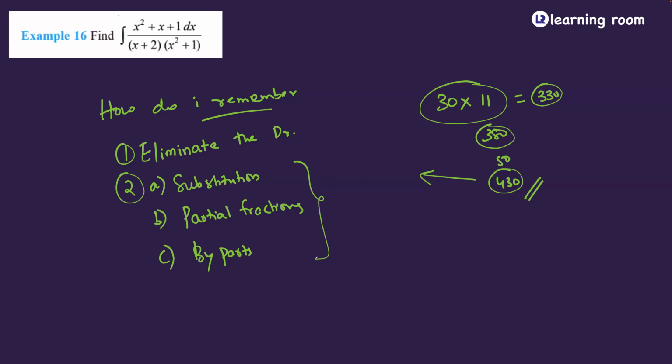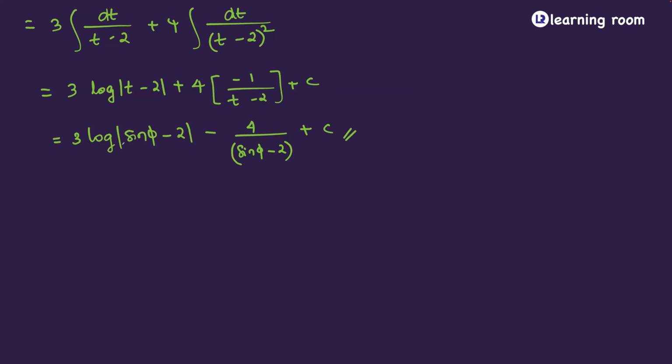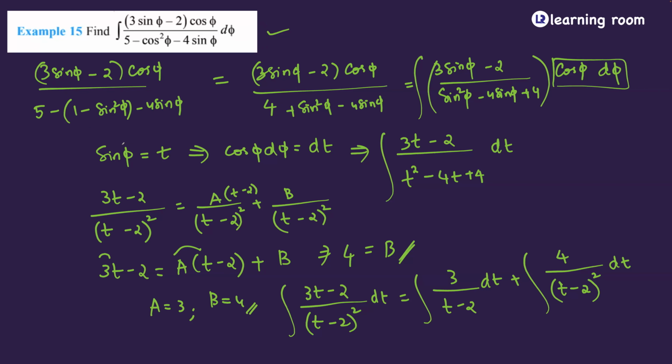But in all these 3 methods also, you have one thing common: eliminating the denominator. You should eliminate the denominator through some means. For example, in the previous problem also, I was concentrating on which method I actually used. Actually, it is partial fractions.